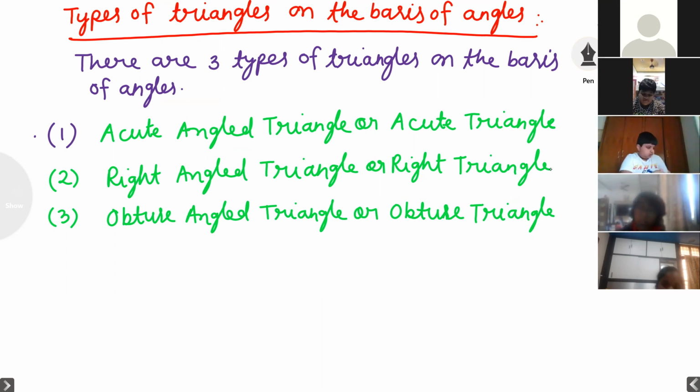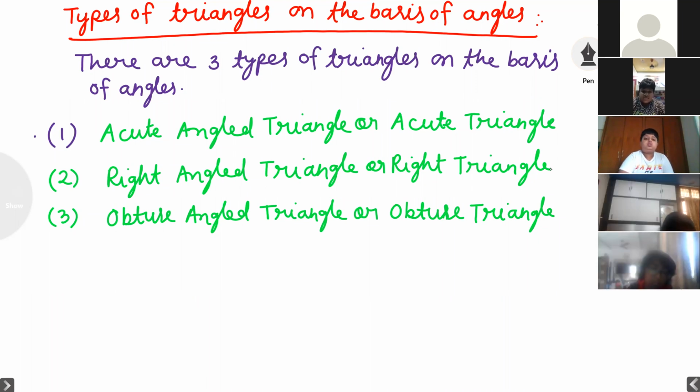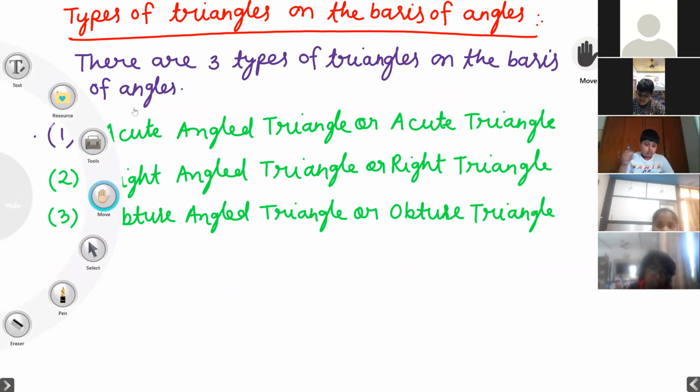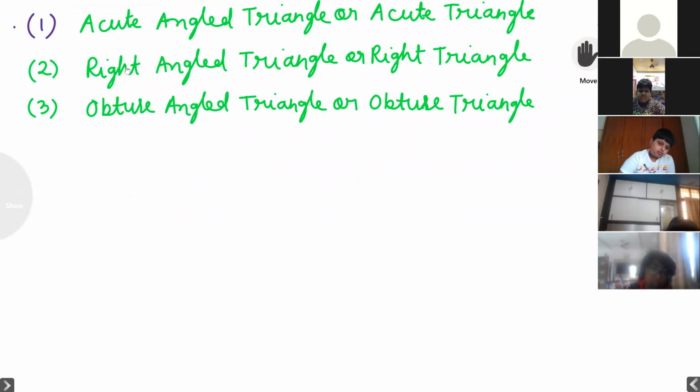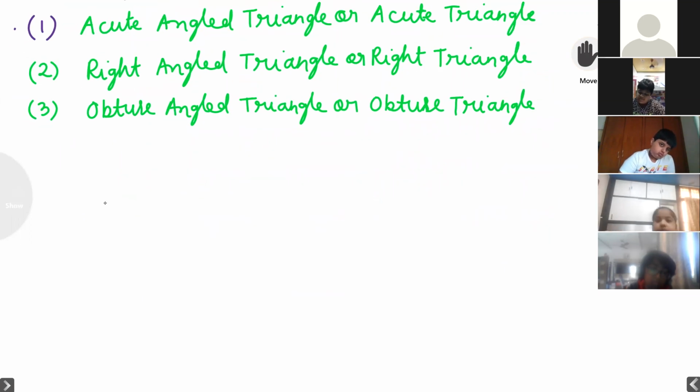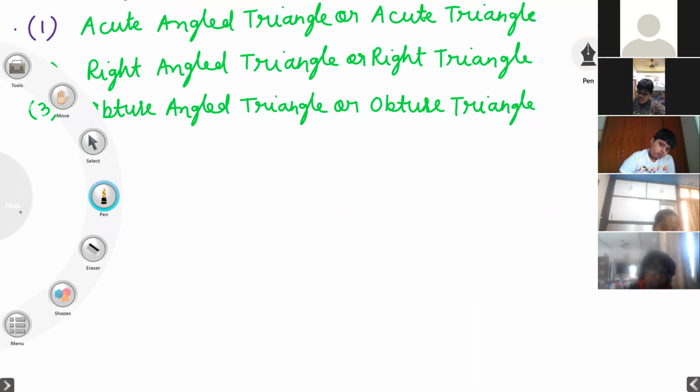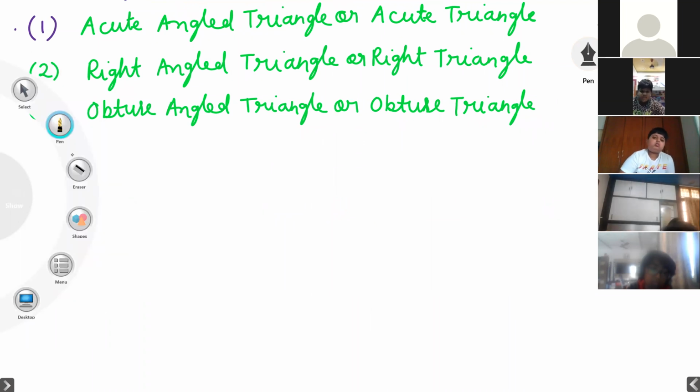Now keep heading: Acute angled triangle. First one.